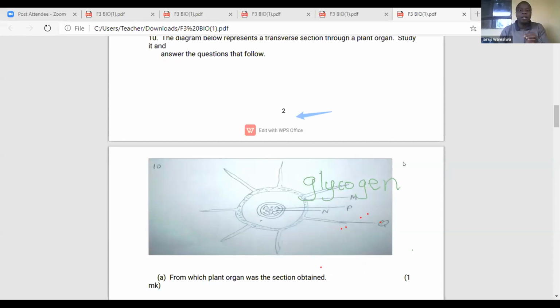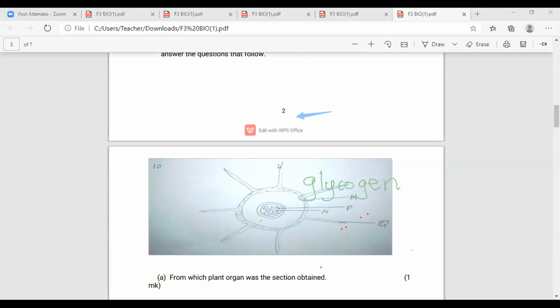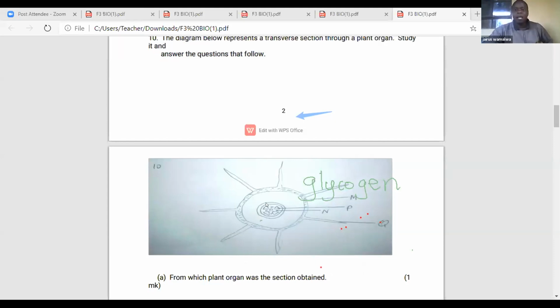However, you can go on and give the specific. Like this one, look at the arrangement. We know it is a root because of the presence of the root hairs. But when you look at the arrangement of these vascular bundles here, that one is a monocot root. But you don't need to talk about monocot or dicot if you are not sure of it. Continue.